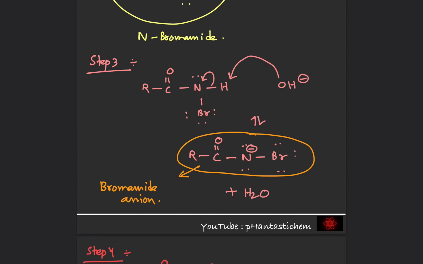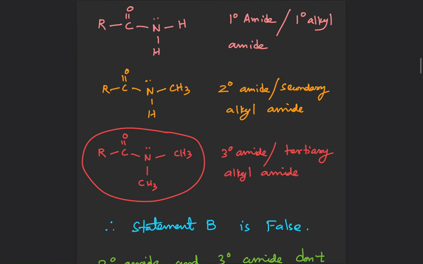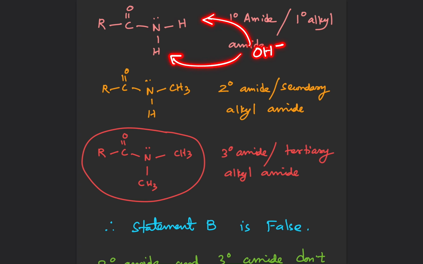So 2-degree and 3-degree amides have 1 and 0 hydrogen attached to N respectively. So they cannot show this reaction, because according to the mechanism we need two hydrogens attached to nitrogen which the OH minus can attack.